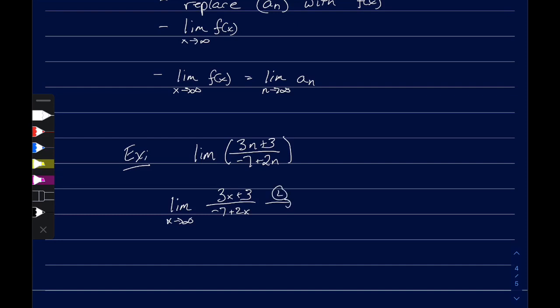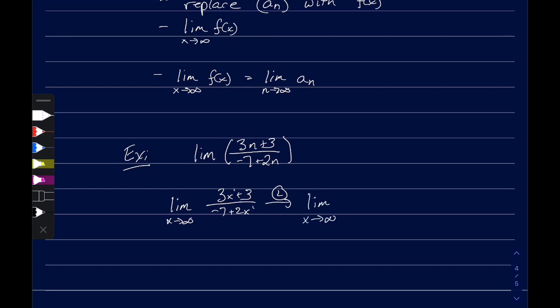And we can just use L'Hopital's rule on this, or we can divide everything by x, or we can use from college algebra or some previous algebra class the ratios, since they both have a term of x to the first. There are a bunch of different ways we can evaluate this limit, but let's use L'Hopital's as a refresher.